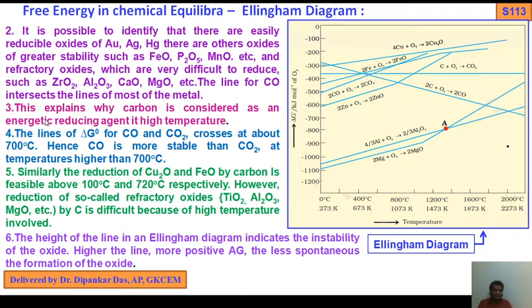This explains why carbon is considered an energetic reducing agent at high temperature. The del G0 lines for CO and CO2 cross at about 700 degrees centigrade.